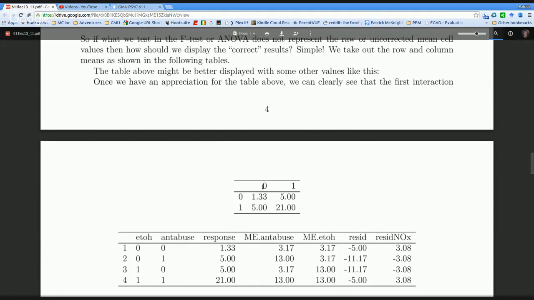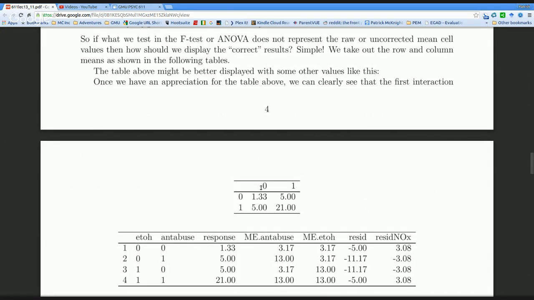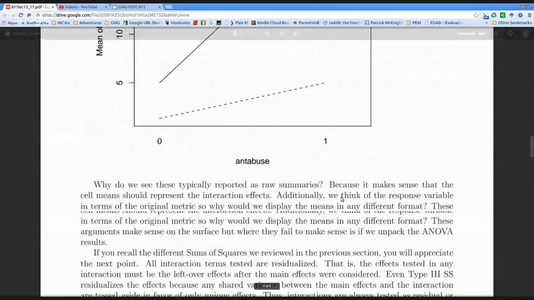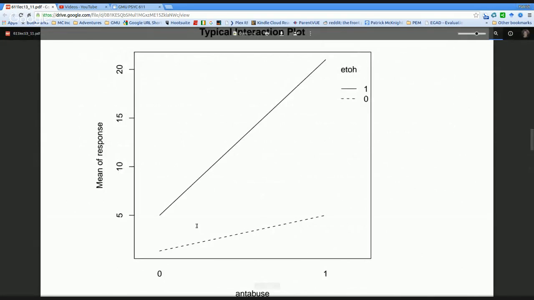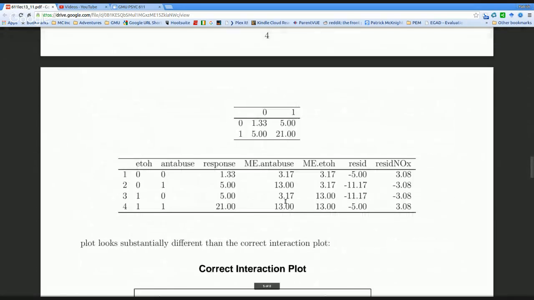If you take a look at this, you'll notice that the group means are reflected in this figure right here. This is 1.33, this is 5, and this one is 21.